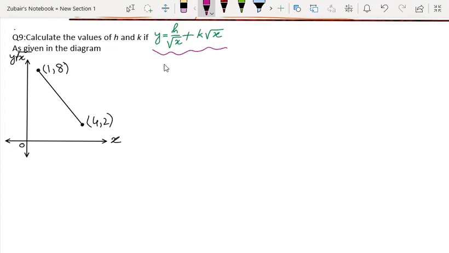Okay, so from this given equation, if we multiply the whole equation by under root x, we find the constant term as h. So we have found the constant. Now we can rearrange the equation in this way.